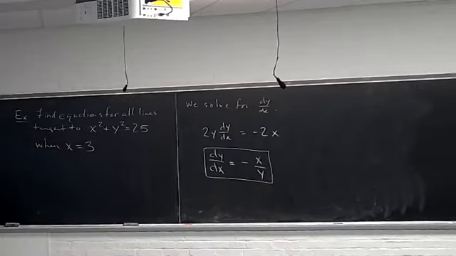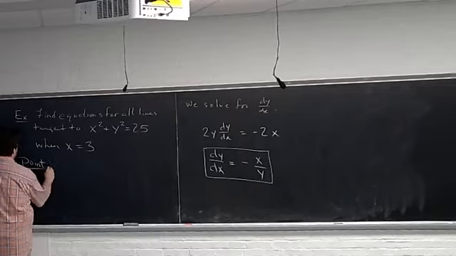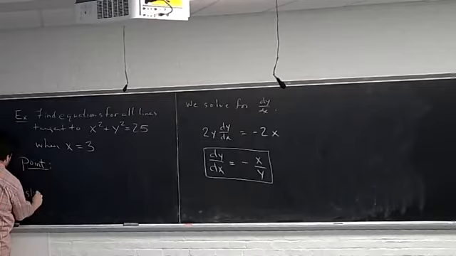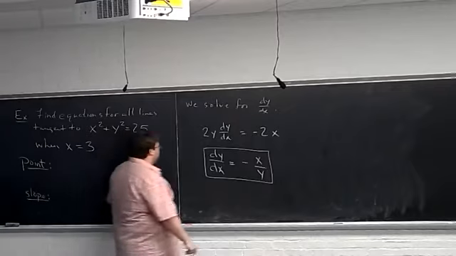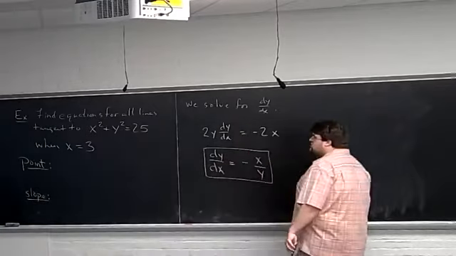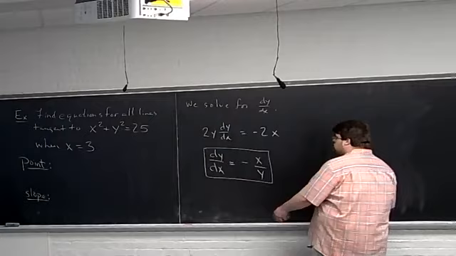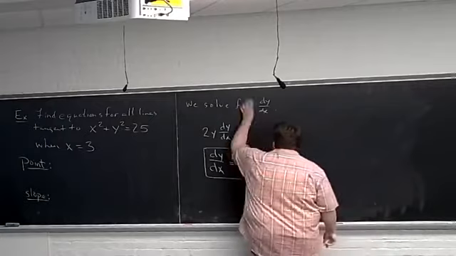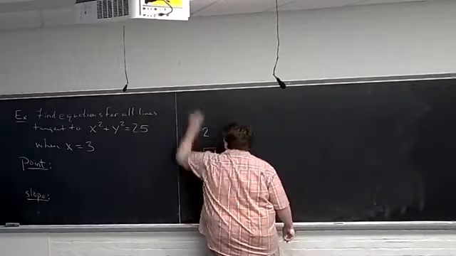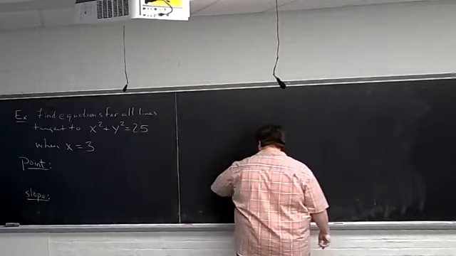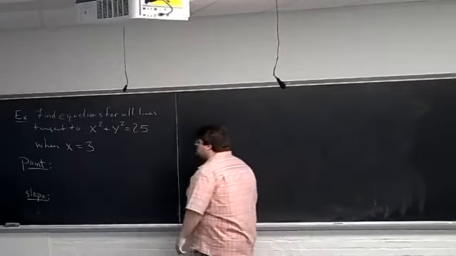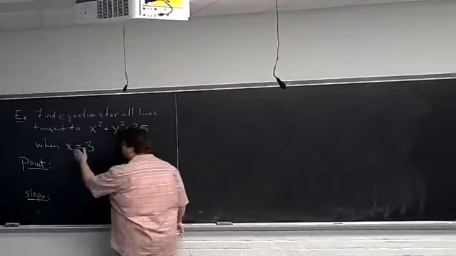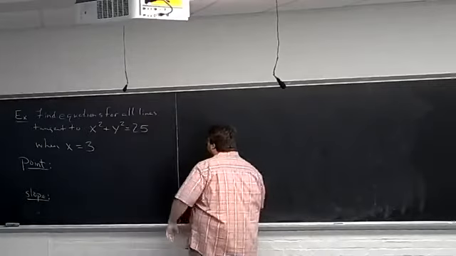Well, we need equations for tangent lines. Equation for a line, we need a point, and we need a slope. Well, here we have our derivatives. We can use this to find the slope, but notice we're going to need the y values.